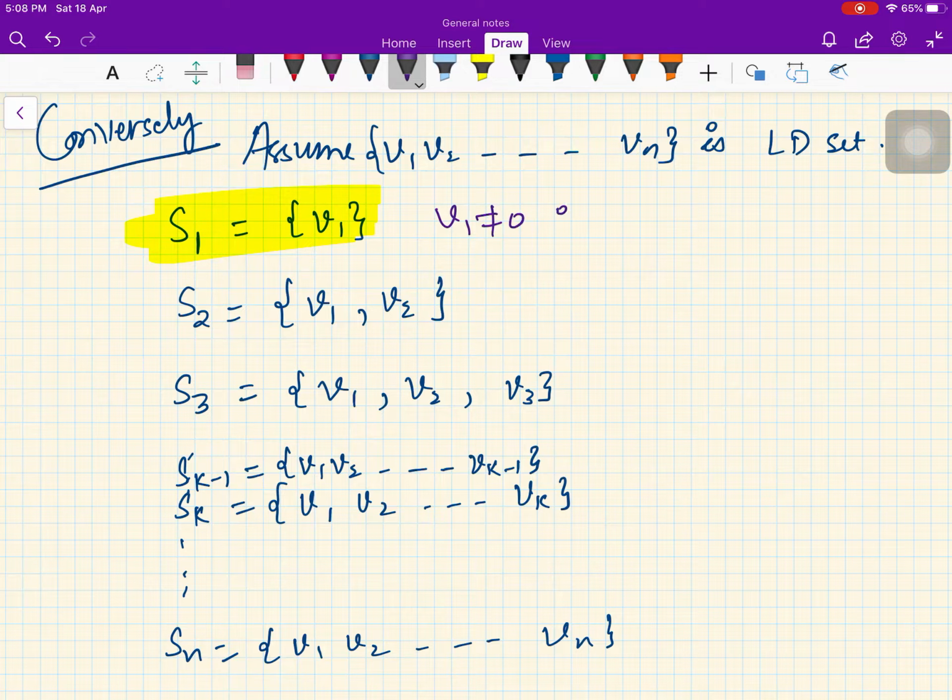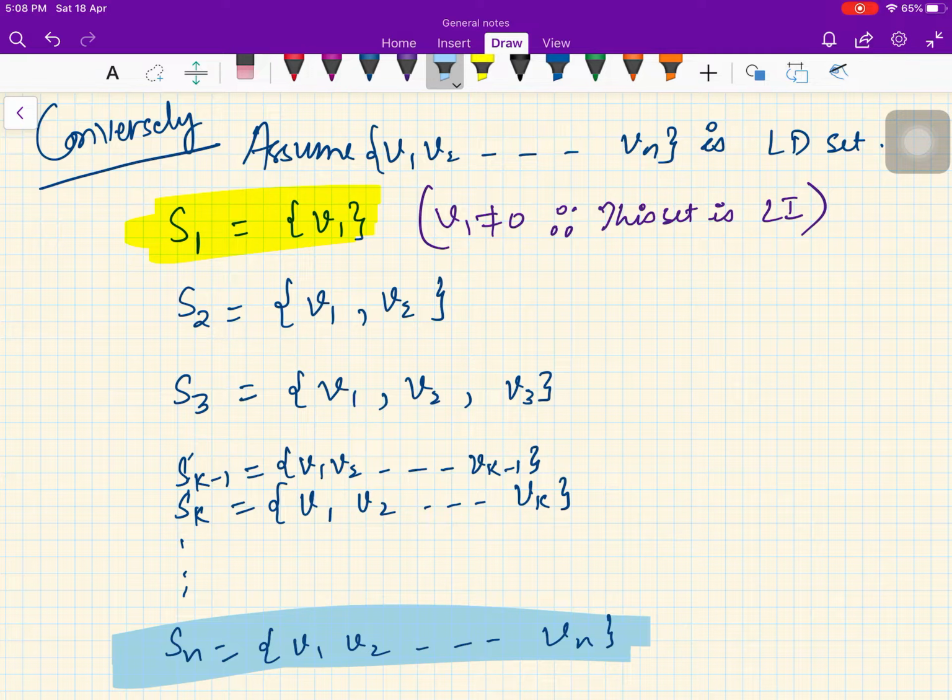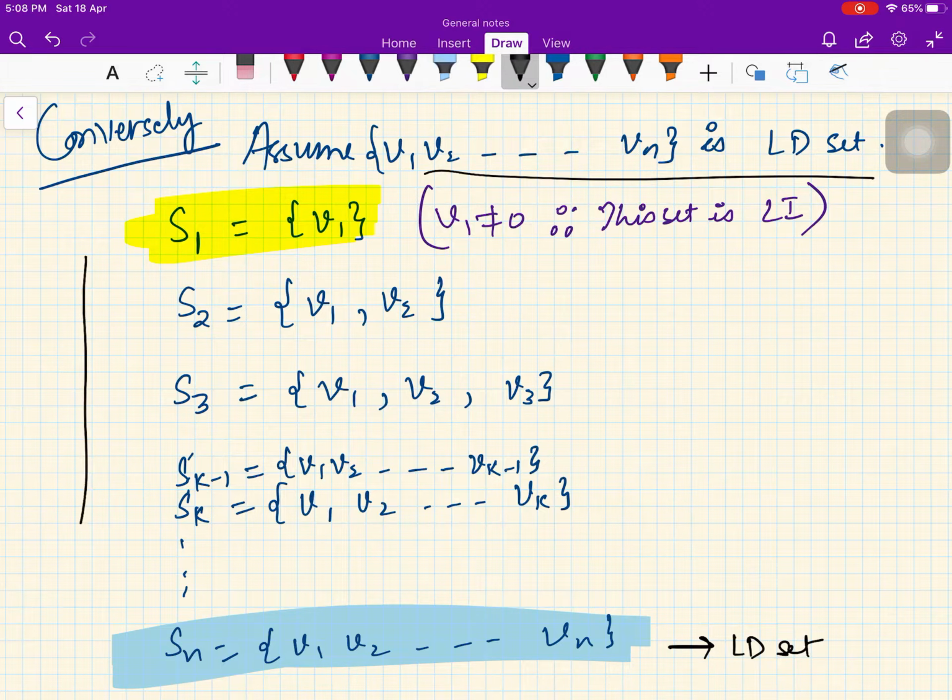Now see the first set. You are given that v1 is non-zero, therefore this set is linearly independent. We know a singleton set is linearly dependent only if the element is 0. And for the last set, you have assumed that this is a linearly dependent set.